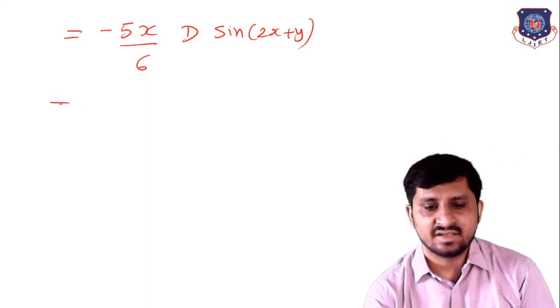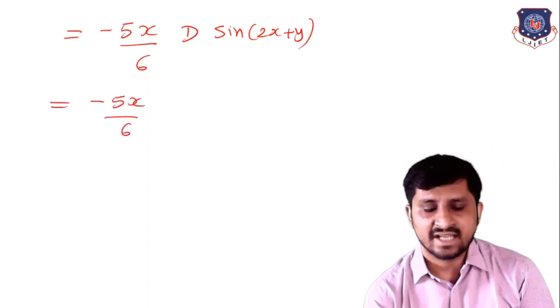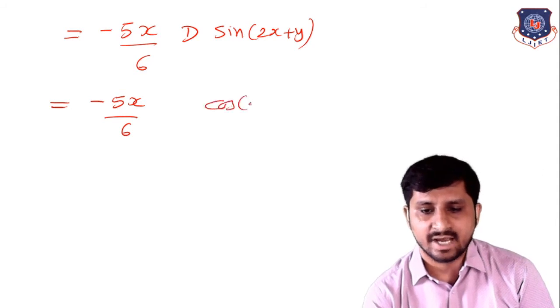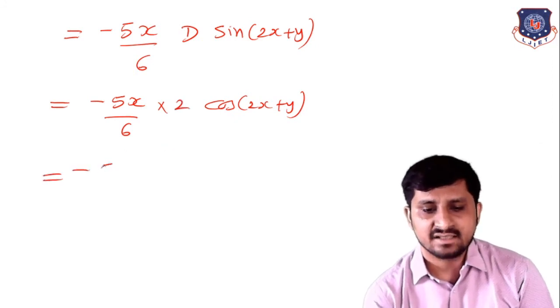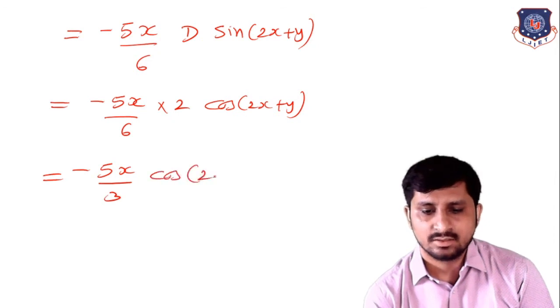That means differentiation of sin(2x plus y) with respect to x, and that is cos(2x plus y) into 2. So the final answer is minus 5x by 3 cos(2x plus y).